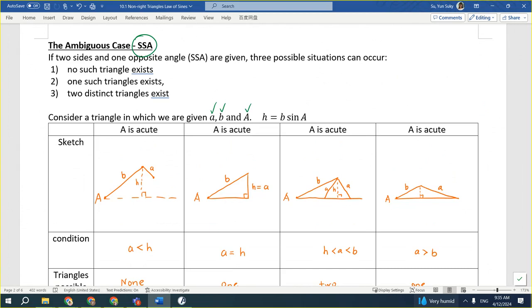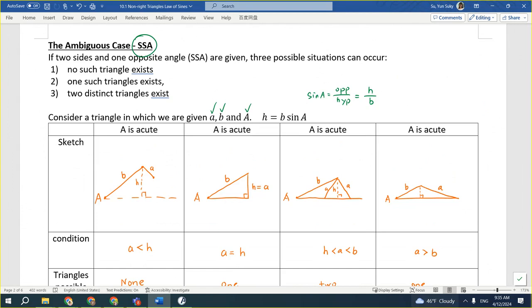It is B sine A. Why? Look at this triangle. Sine A is opposite over hypotenuse. Opposite is H, hypotenuse is B. Right, everybody? So therefore, H is B times sine A.